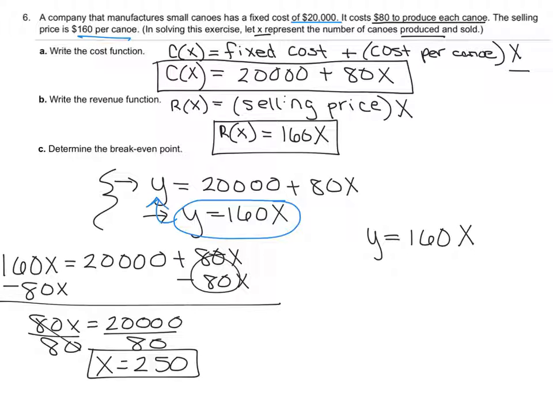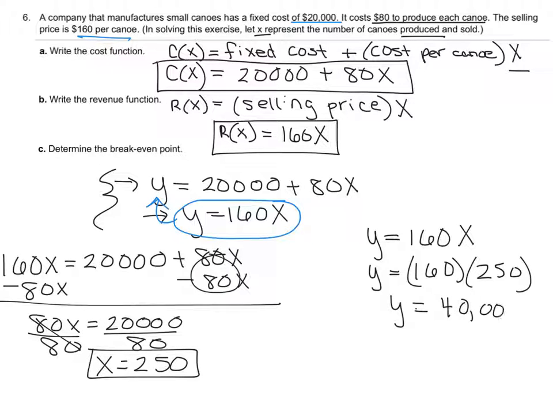Now I'm going to take x equals 250 and substitute it in for x in the second equation of y equals 160 times x. So I have y equals 160 times 250, which is 40,000. So my break-even point is (250, 40,000).